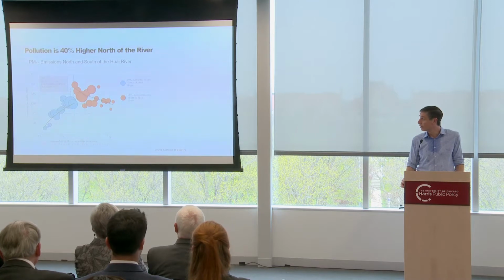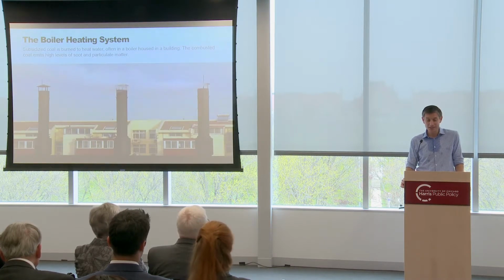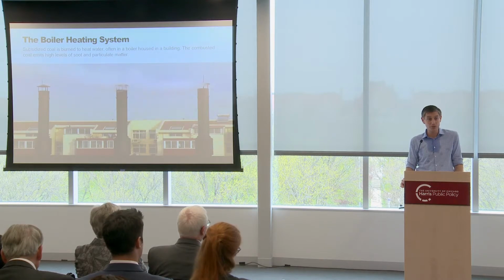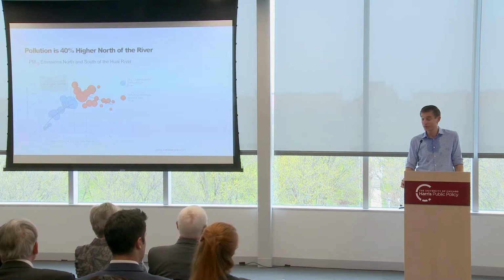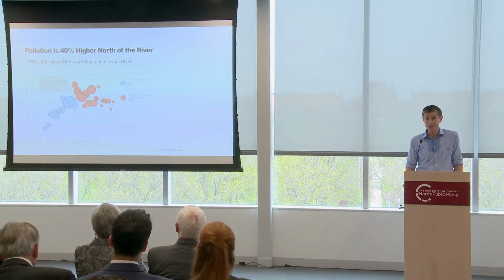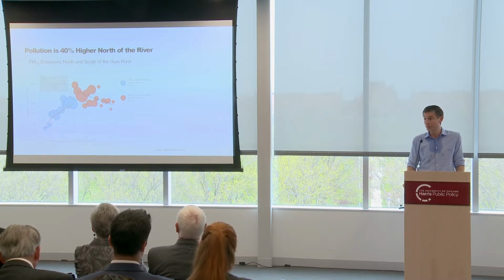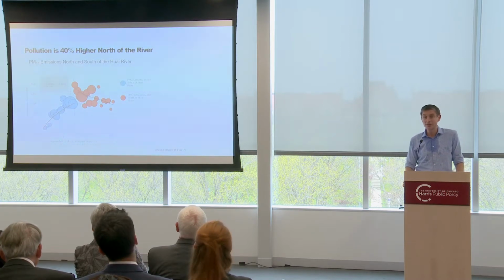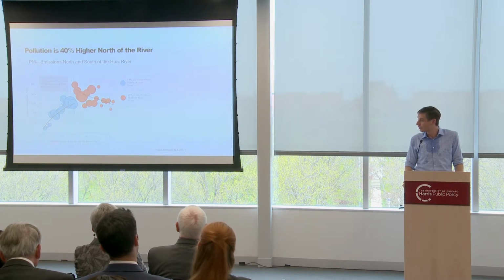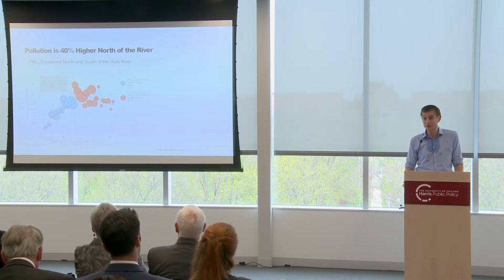Okay, so the whole idea of the paper, before I give it away, is to compare places just to the north to places just to the south and see if there are differences in, first, pollution exposure. What this figure tells you is that each circle is a 1 degree latitude displacement from the river. The first red circle is people who live 0 to 1 degrees north of the river, and the first blue circle to the left of the vertical line is people who live 0 to 1 degrees south.